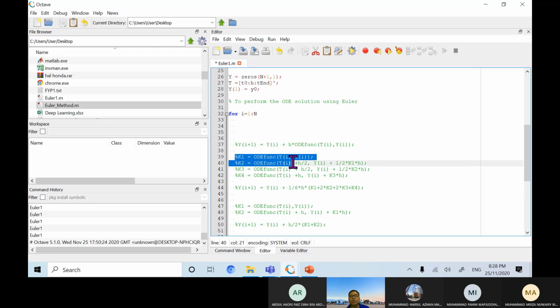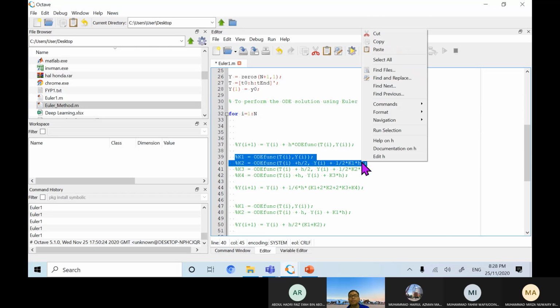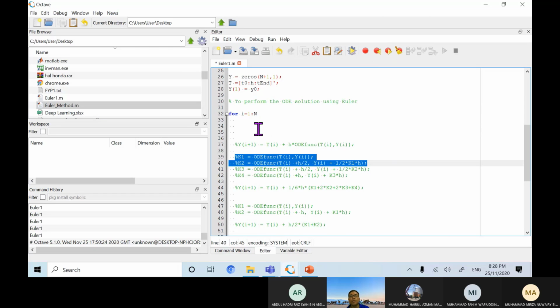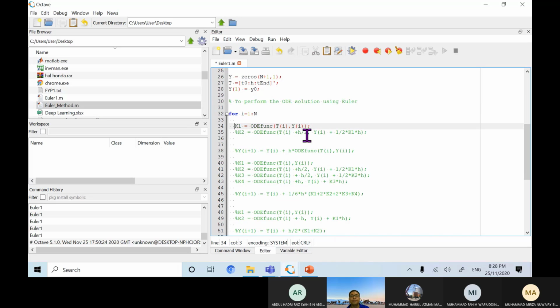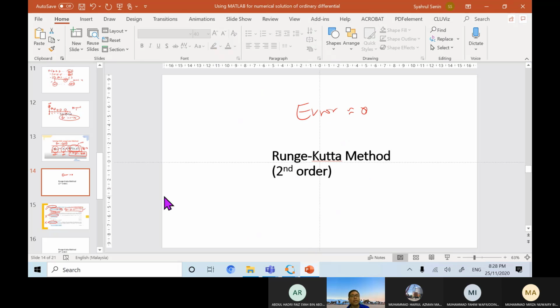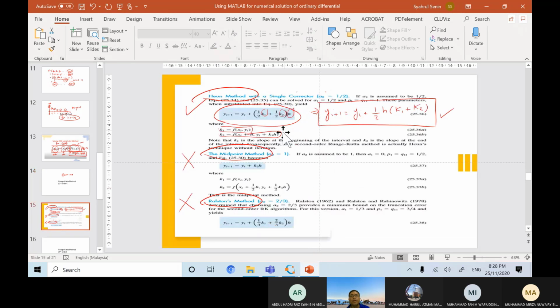So I just copy these two and I'll put them at the top. The same thing we did earlier. So now just check T1 plus H, if I'm not mistaken. Where was the formula? T1 plus H, okay.